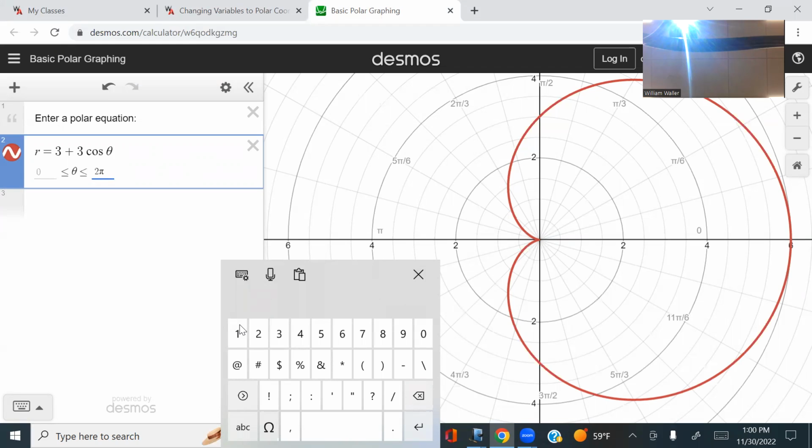That one is kind of obvious, because here you only have cosine theta, and the period of cosine without any multiple is 2 pi. That makes it strong. Nice. All right.